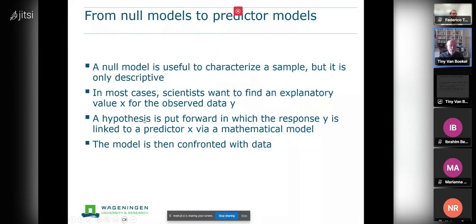We need to put forward how we think that a response Y is linked to a predictor X. So for instance, bacterial growth could be Y and the predictor could be time. So you can put forward a model, and then you need to confront that model with data.